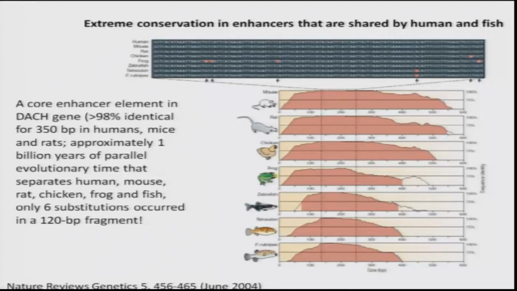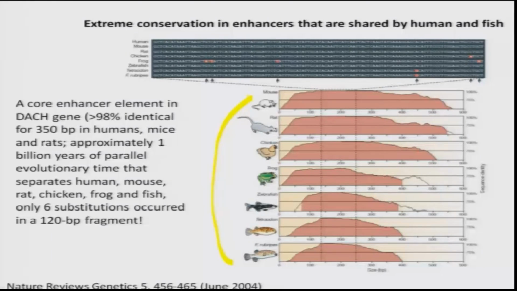So, I am giving you some example. This is a gene called DACH. Let us not worry about what the gene is, but what is interesting here is that we are comparing from fish to mouse, and a small segment of the gene is the core enhancer element. Okay, it is present in one of the intronic regions, and this is not coding for any protein.